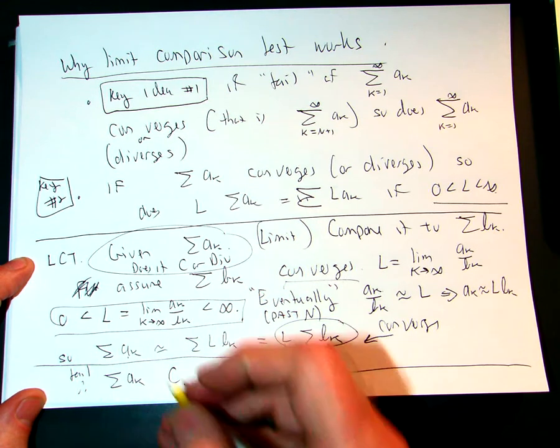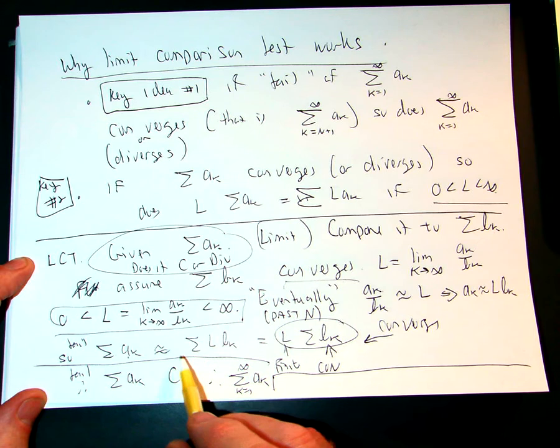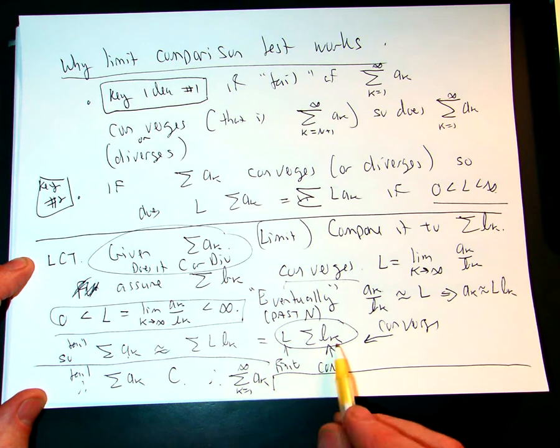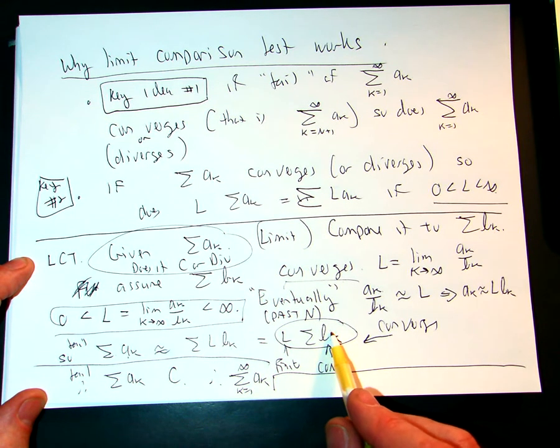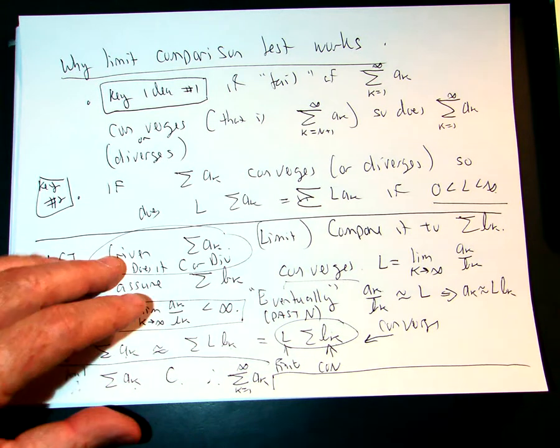So that means that the tail of a_k is about equal to this series, which is about equal to this series. This series converges. So that means that the tail of a_k converges, and that means that the entire series converges. So that's why.